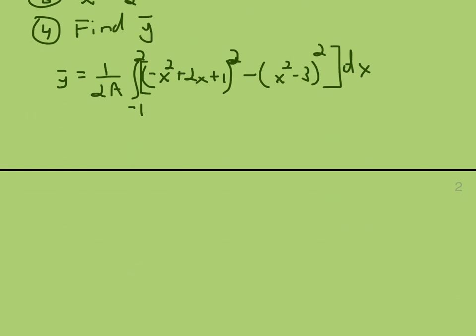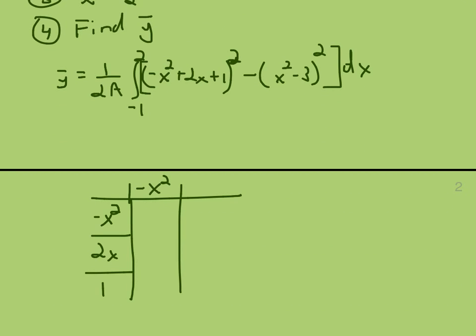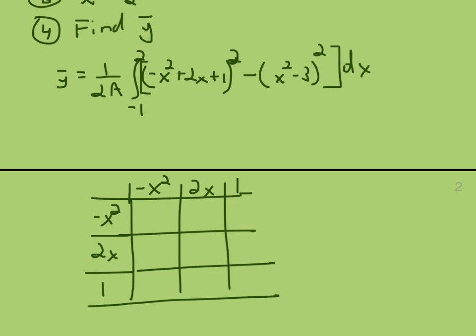An easy way to square when you have three terms, well, not easy, but negative x squared, 2x, and 1, and negative x squared, 2x, and 1, is to fill in this sort of matrix where we basically multiply any row and column that crosses each other. We get x to the fourth, because negative x squared times negative x squared is x to the fourth.